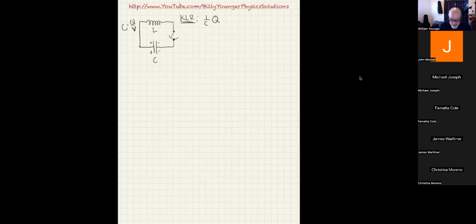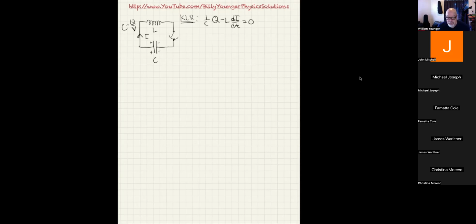Now, we'll keep walking around the circuit for Kirchhoff's loop rule, following the direction of this arrow, which is the current. Okay, we're going to run into the inductor, and the inductor is going to be a drop in voltage given by L dI/dt. Now I'm back to where I started on the circuit, so that's equal to 0.